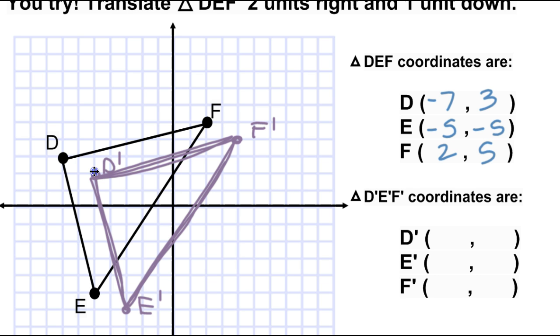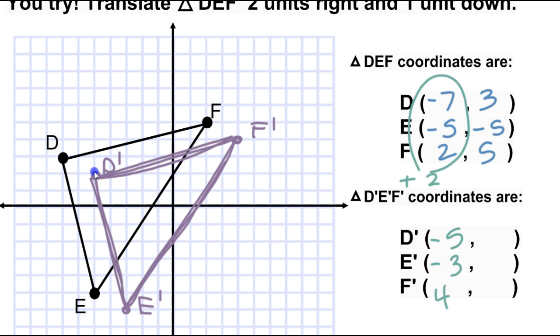All right, so we're going to take the x values, and what are we going to do to the x values? Add 2. -7 plus 2 is -5. -5 plus 2 is -3. 2 plus 2 is 4.